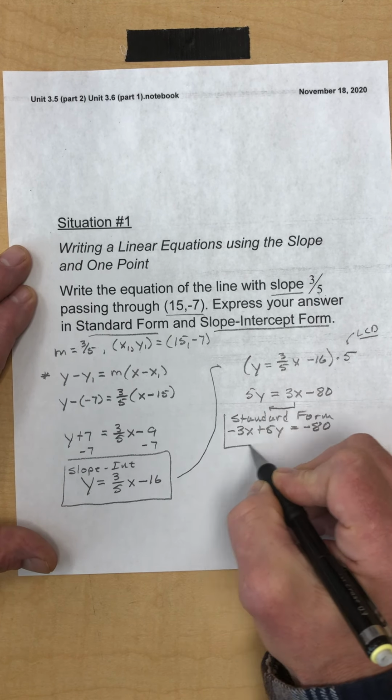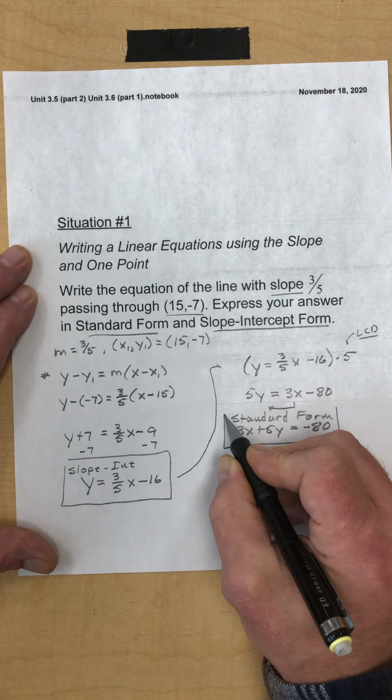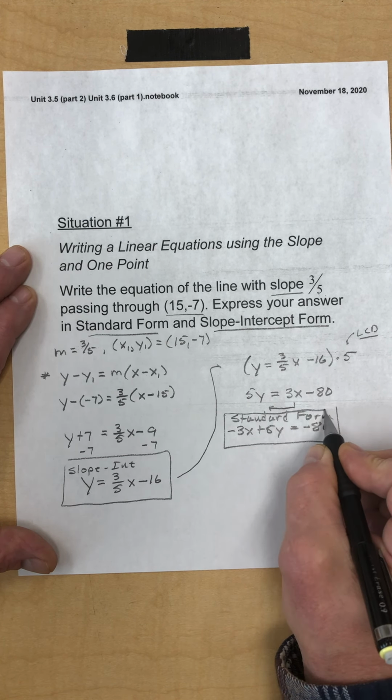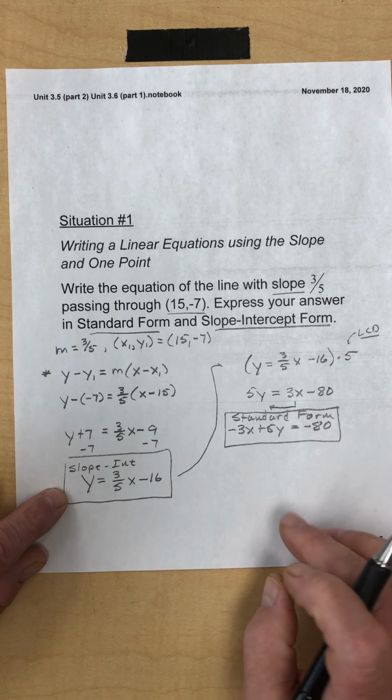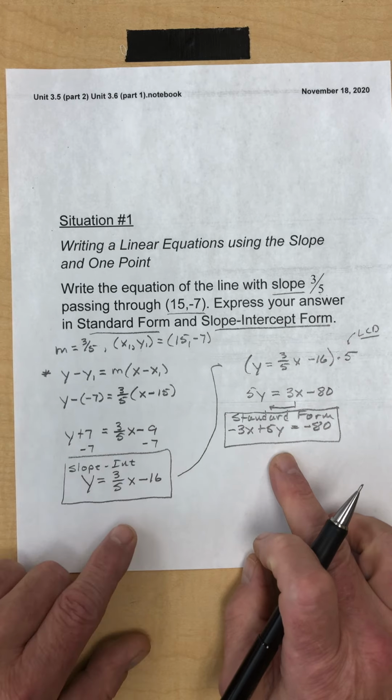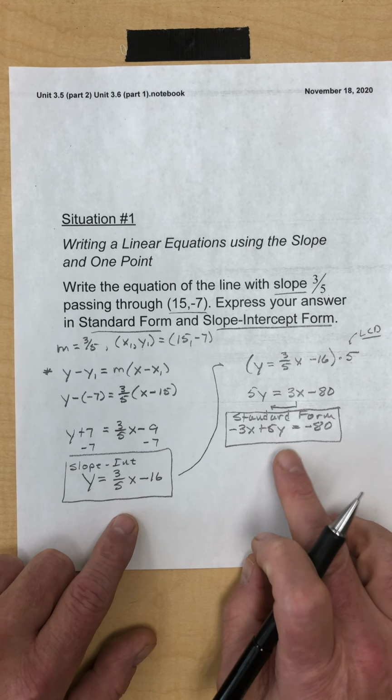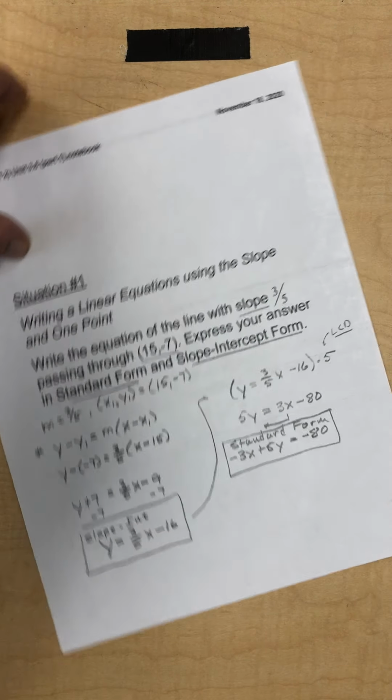Now these two equations describe the exact same line, they're just in different forms. This is the slope-intercept form of the equation, and that's the standard form of the equation. And we have to get good with working with both of them. All right, let's try another one of those.